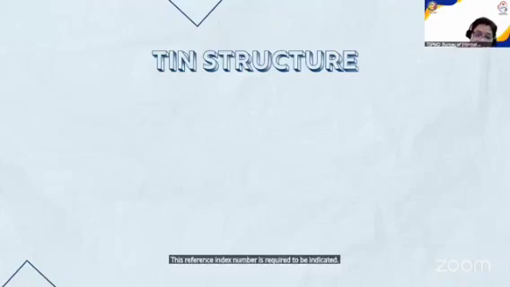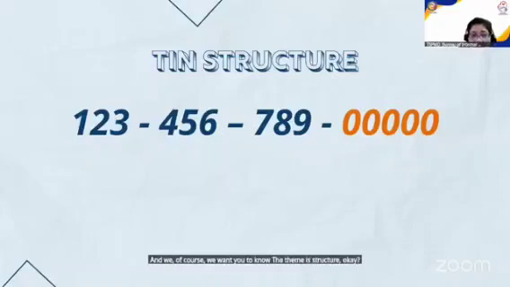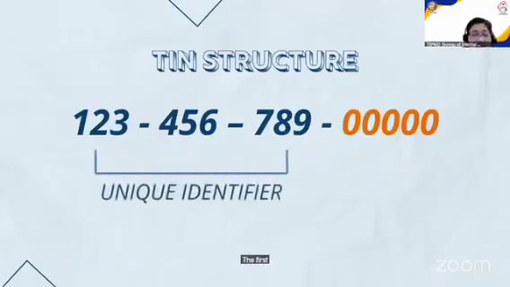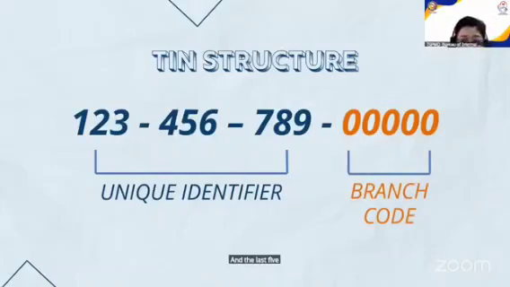And of course, we want you to know the TIN structure. Okay, the first 9 digits is the TIN proper. This is the unique identifier of a taxpayer. And the last 5 digits will be the branch code.